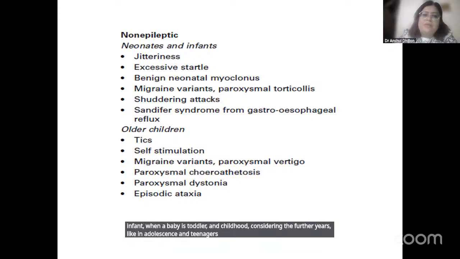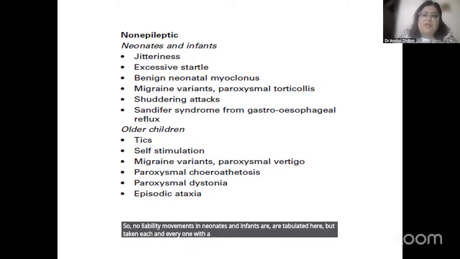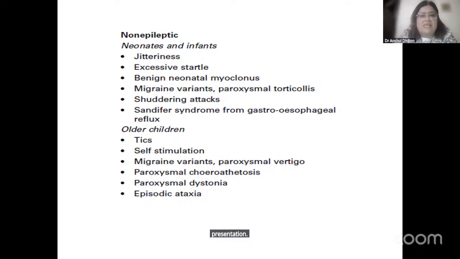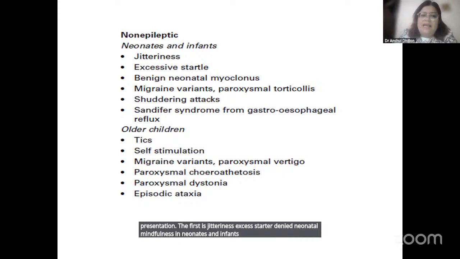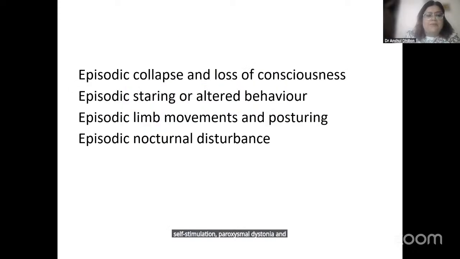I have tabulated the non-epileptic movements in neonates and infants, and I have taken each one with a specific video, which I would like to play maybe twice so that you can have a better picture of the presentation. First is jitteriness, excessive startle, benign neonatal myoclonus in neonates and infants; shuddering attacks; Sandifer syndrome, where there's arching from gastroesophageal reflux; and in older children, tics, self-stimulation, paroxysmal dystonia, and episodic ataxia.